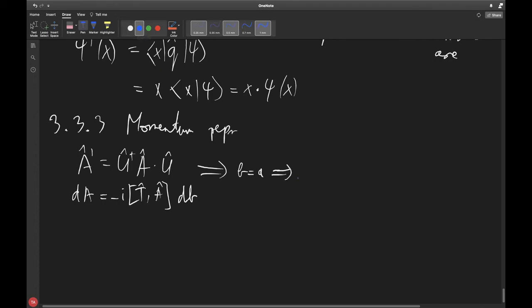Let me change colors. So the derivative by A of the exponential of i. You remember that earlier we had put plus i here, and then there is going to be minus i later. So i, the generator, which in this case is the P operator, and we have the variable A in this case. Then we have the Q operator, and then we have the same thing with the minus version, minus i P A.